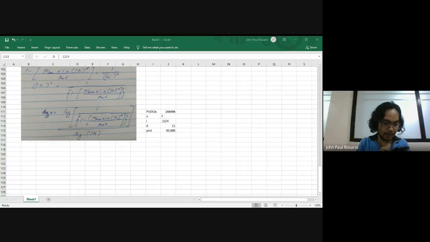Numerator is 1, then the denominator will be 1 minus our future value, present value, and then times CI, 12 divided by 4, and then times C, 1 plus I to the power of 11, which is our N, and then over our payments, 40,000.